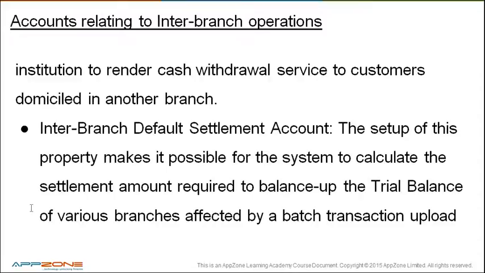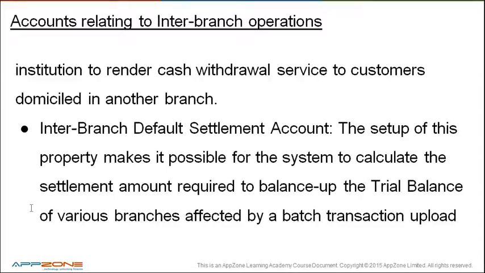What happens when a customer of another branch performs a withdrawal in another branch is that the teller, still in the branch doing the withdrawal, is credited, and an account called cash receivable account is automatically debited, meaning the original branch of the customer has a remittance to do to the branch that performed the withdrawal.